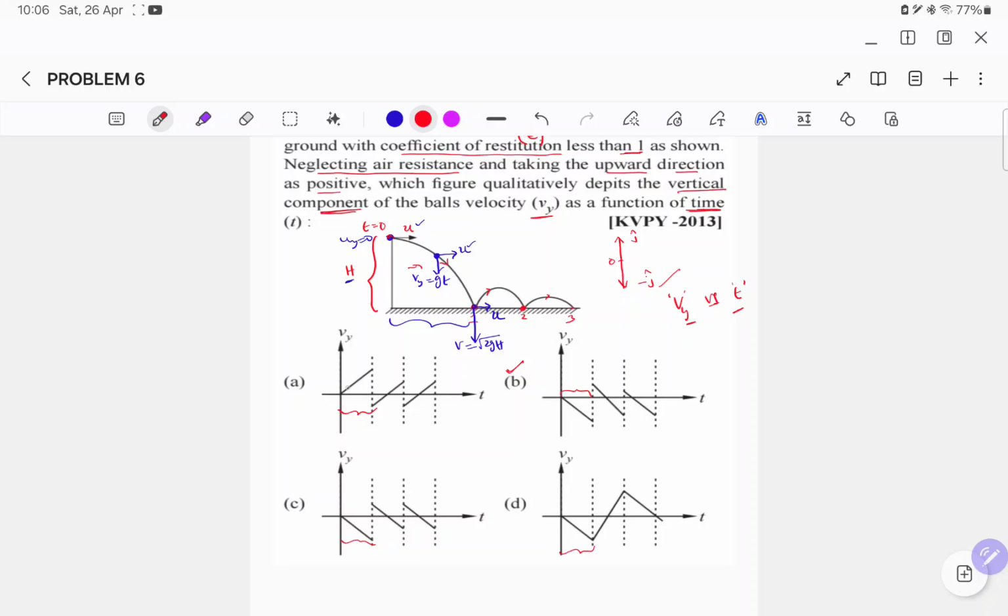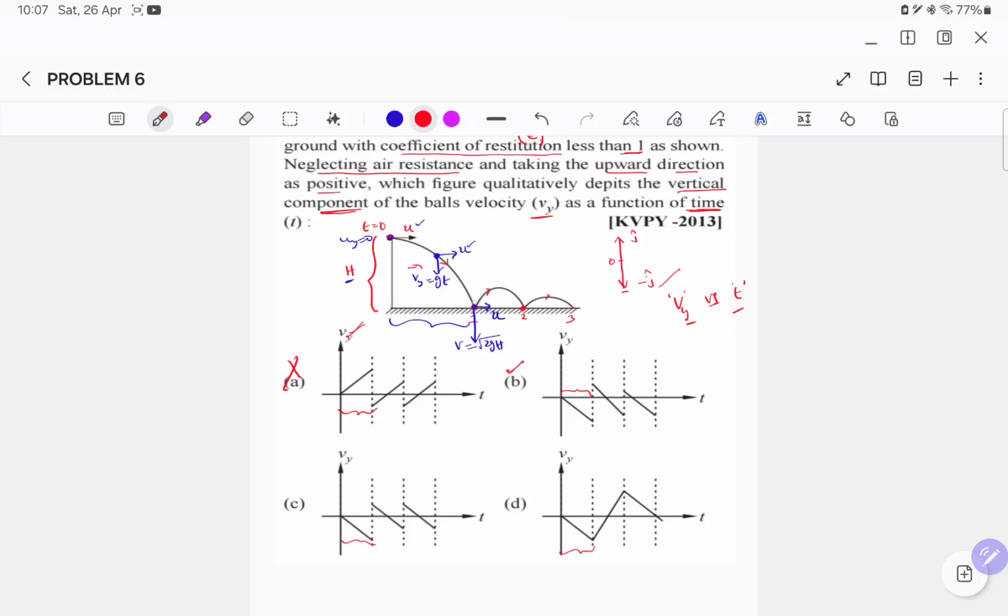Whereas in option A, they have given velocity in the first quadrant where velocity is positive, but the fact is velocity is negative because it's a downward direction. There itself I can delete option A from consideration, and further analysis will proceed by comparing options B, C, D.